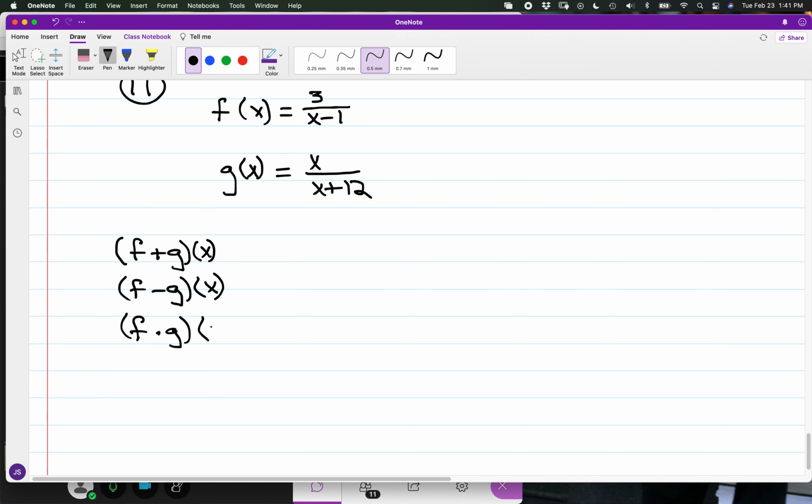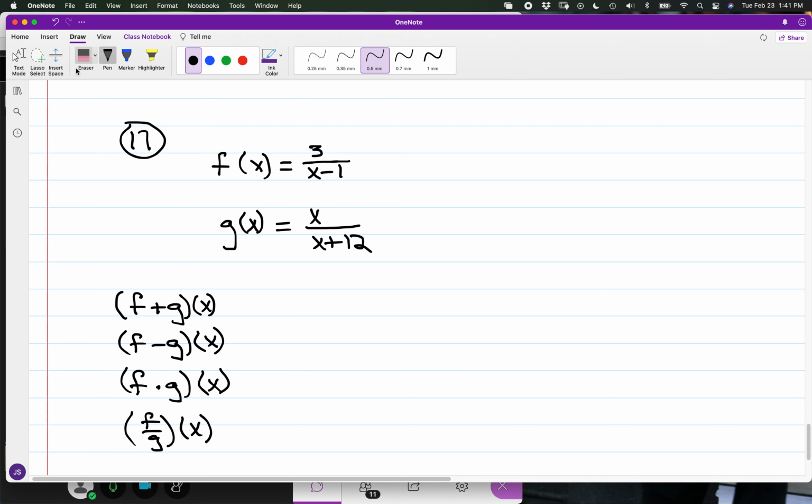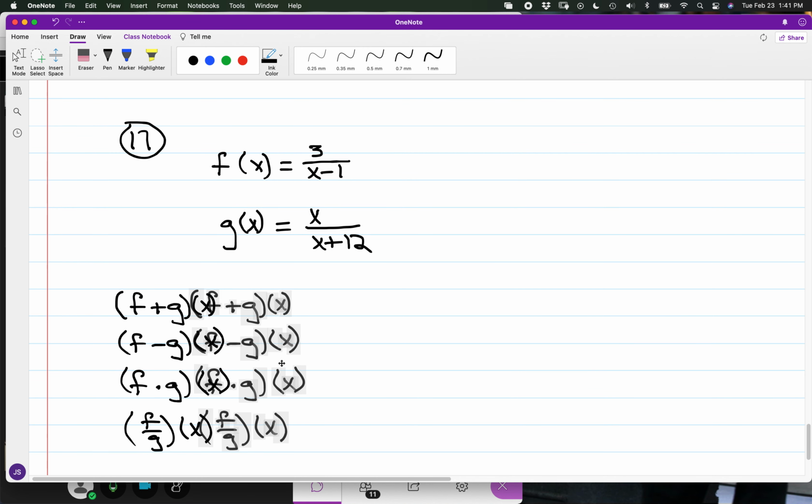Okay, so just look into these first four parts. We have just the individual functions, f of x and g of x.